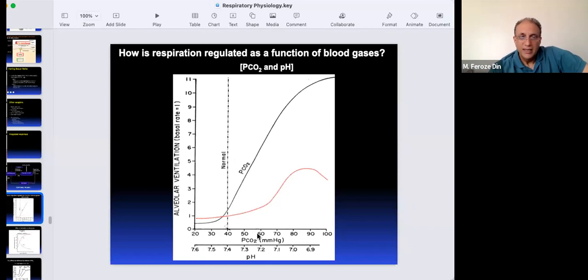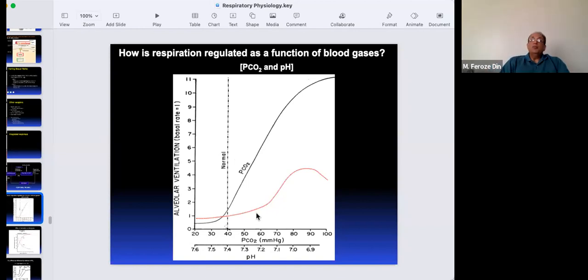Similarly, if you look at pH, here the pH scale is the other way around. So we are becoming more acidic as we go from left to right. The normal pH is about 7.40 in the arterial blood. You find that as the pH falls, there's a steady rise in the respiration. What will that achieve?